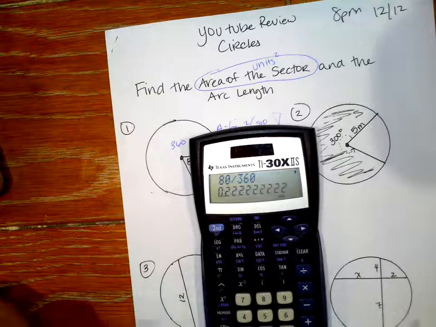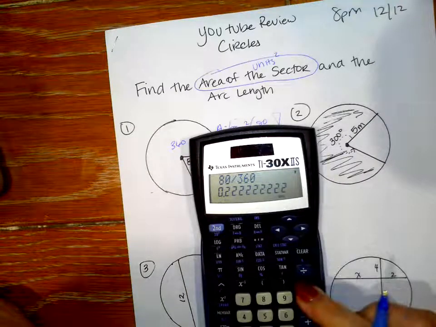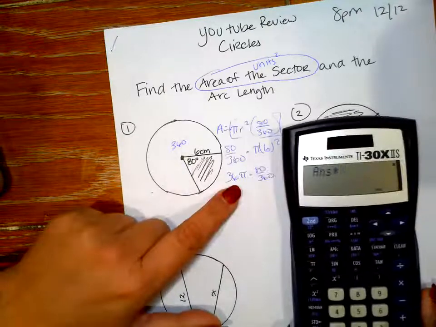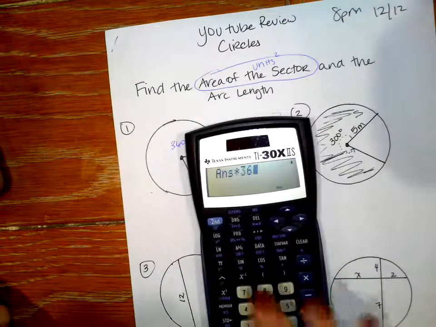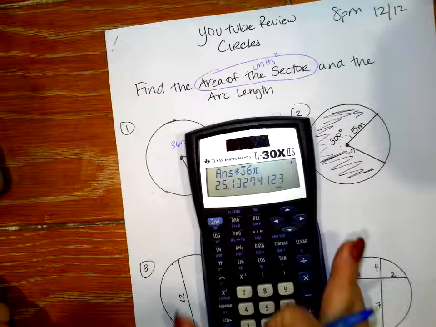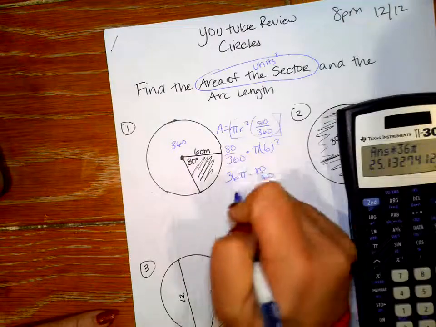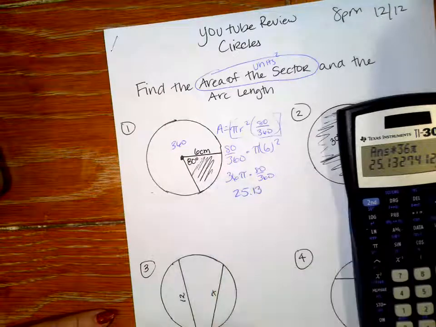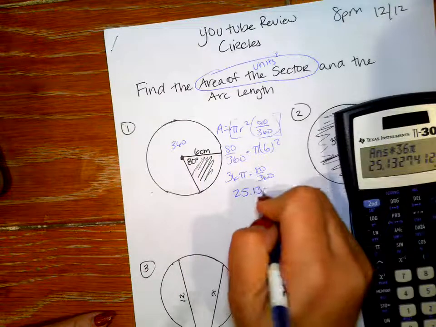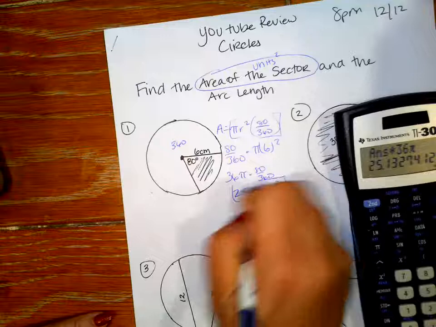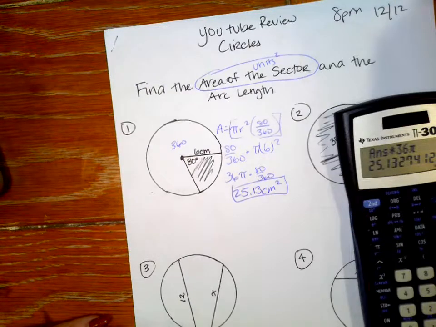It's going to give me 0.222222222. I'm going to multiply that times 36 pi, and that's going to give me 25.13 centimeters squared. Okay, so that's area.